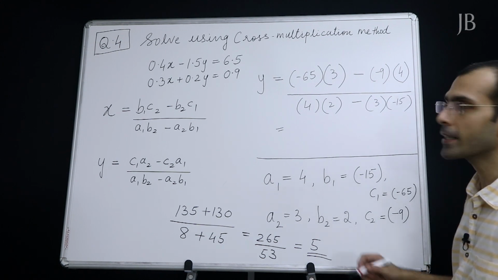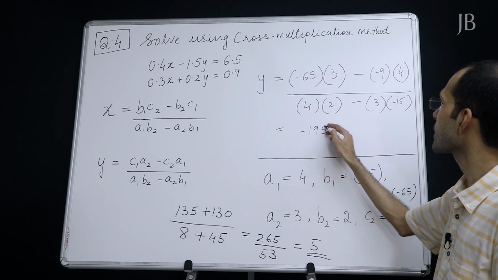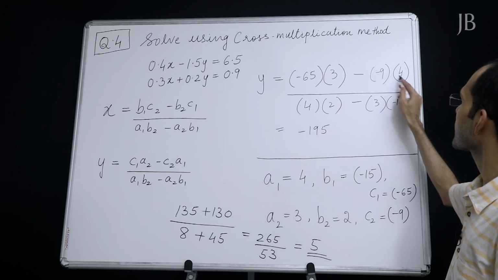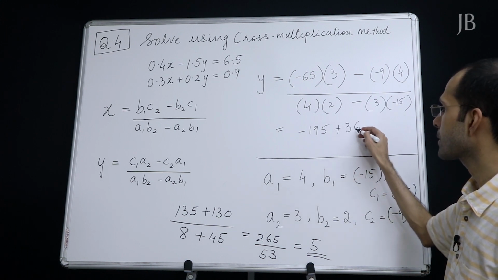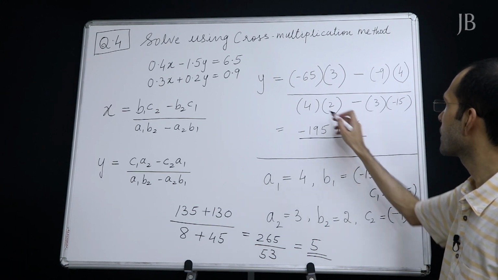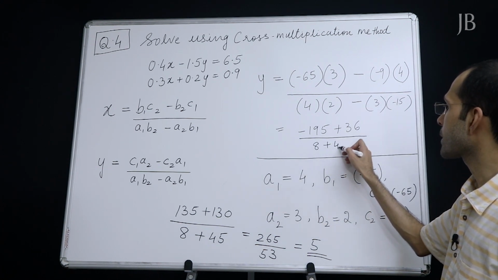How much? 195, and negative into positive, negative. So that is minus 195. This will be 36, negative into negative, positive. So plus 36 upon, this will be same as before, 8 plus 45.